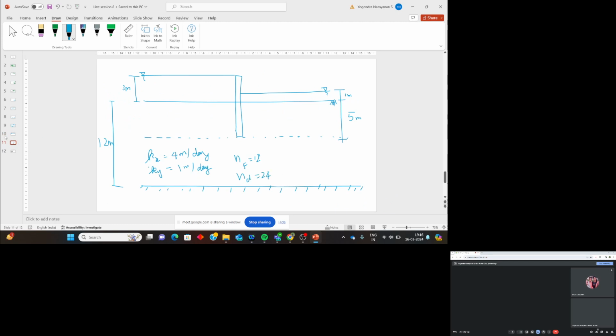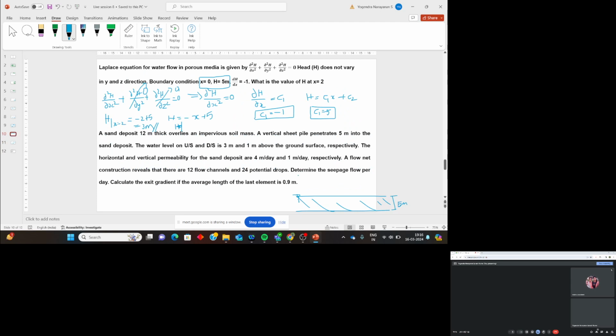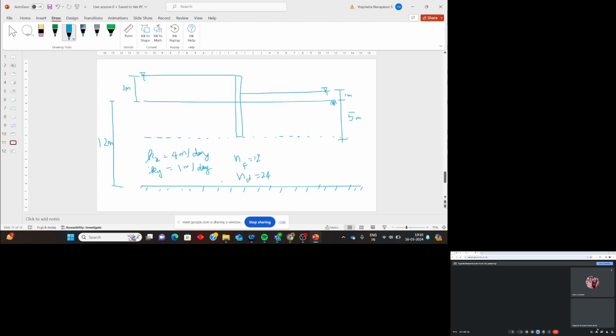Now what they are asking to find: determine the seepage flow per day. Let us address that point first. So Q is equal to K H into NF by ND. How will you calculate K? K effective is root over kx into ky.